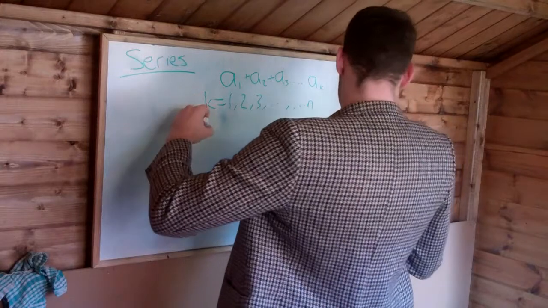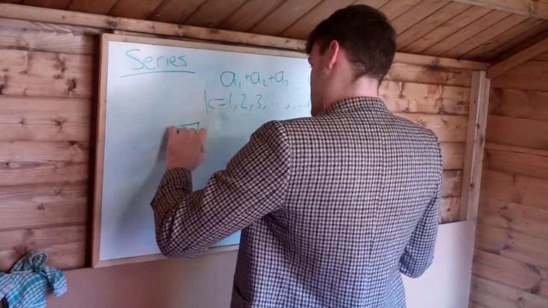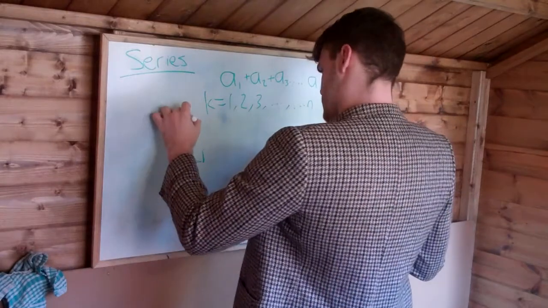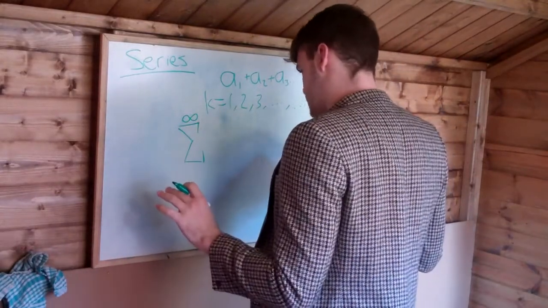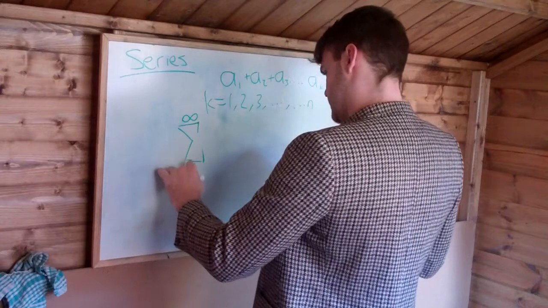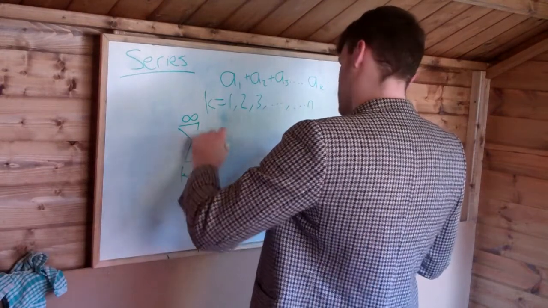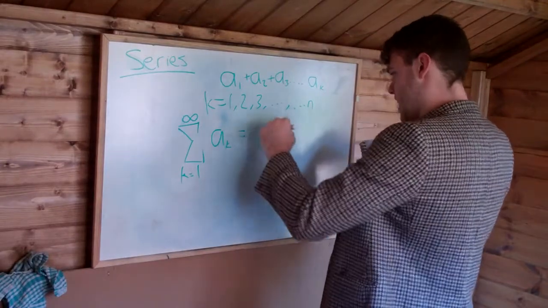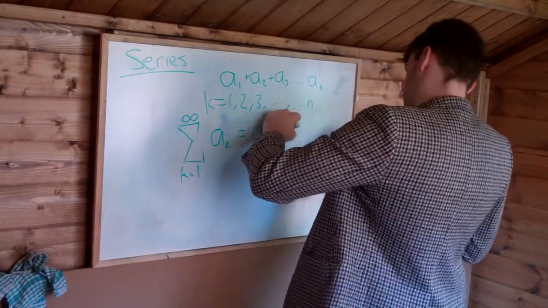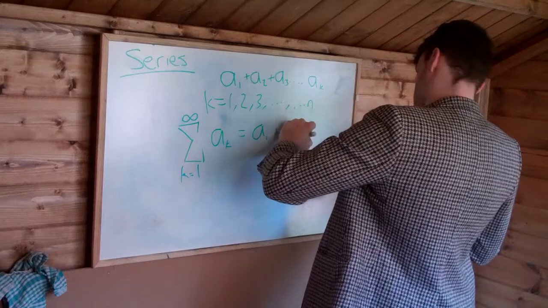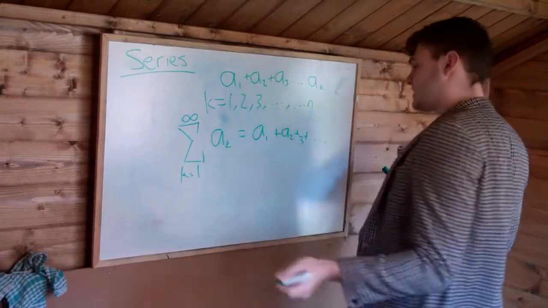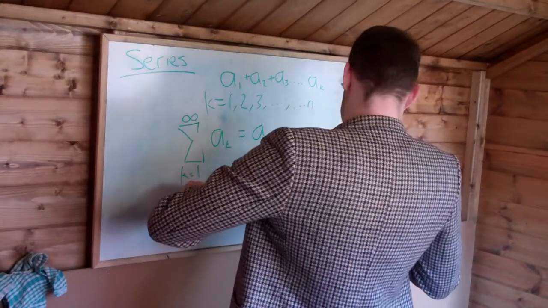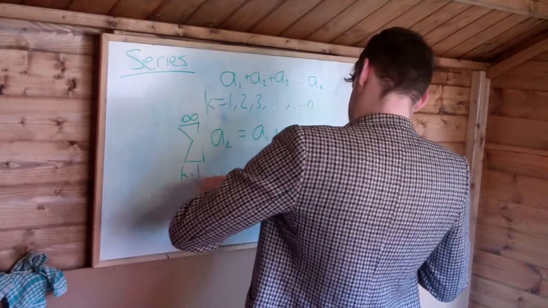Now, we can sum infinite series. We use this summation symbol, with infinity on the top, which means it goes up to infinity, k equals 1, ak. What this means is a1 plus a2 plus a3, and it just keeps going, it doesn't stop because it goes up to infinity.